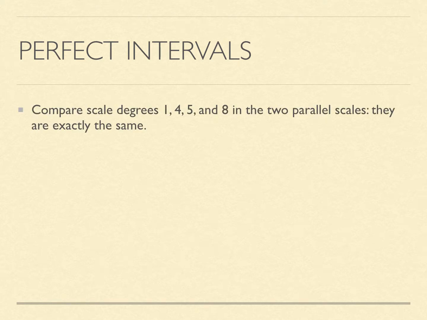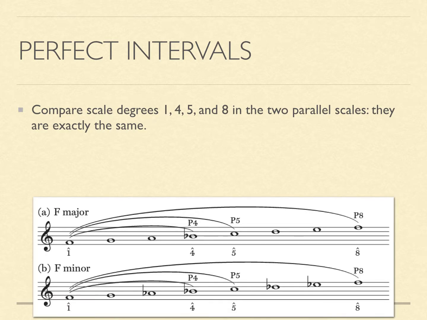When you line up two parallel scales, for example, a major and its parallel minor, or vice versa, you'll notice that scale degrees 1, 4, 5, and 8 will be the same quality. In fact, they'll be the same note, of course.